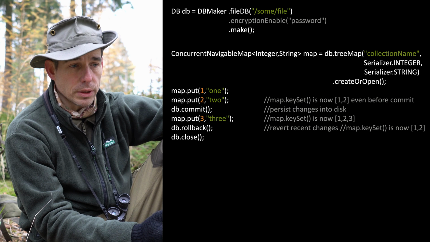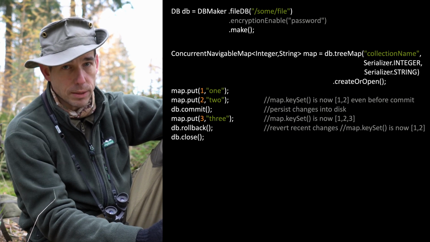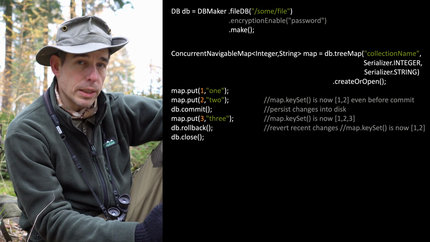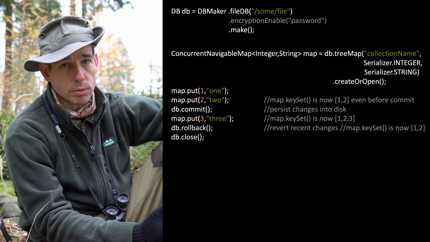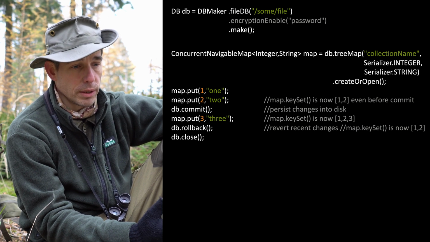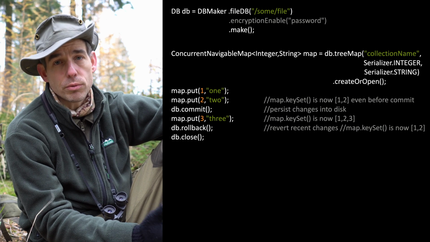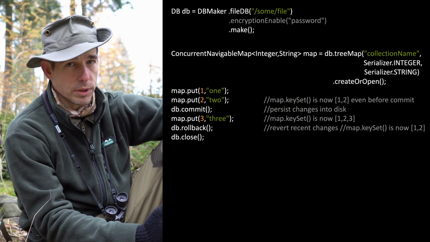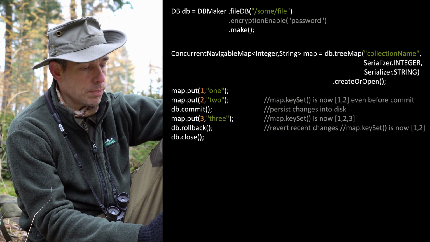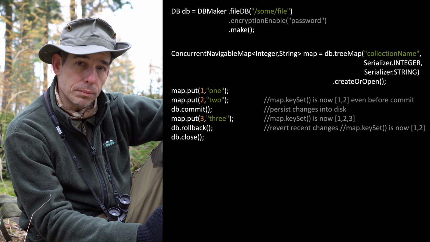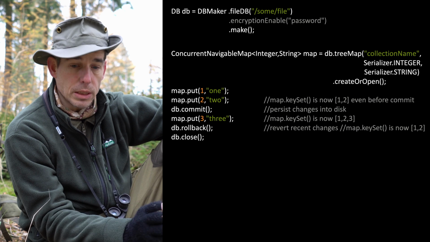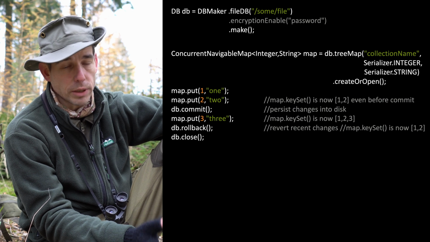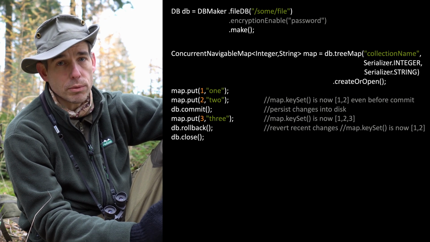After you added the dependency, the first thing is that you have to deal with this DB maker. This DB maker offers some factory methods to create the first DB, and inside this DB you are storing your data structures. I think nearly every solution is doing something like this. Here the DB maker has the possibility to create a file DB or a memory DB, and if you have the file DB, you are just adding the location folder where mapdb is storing all this stuff.